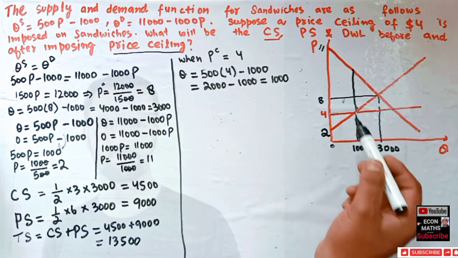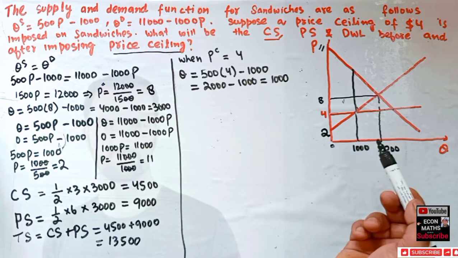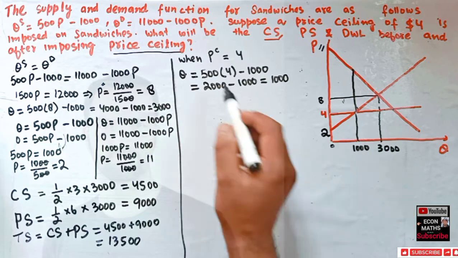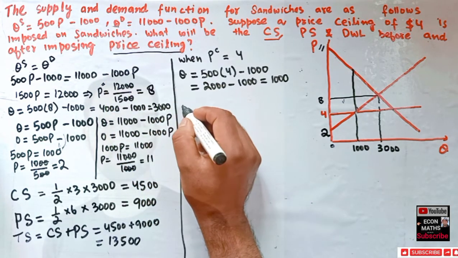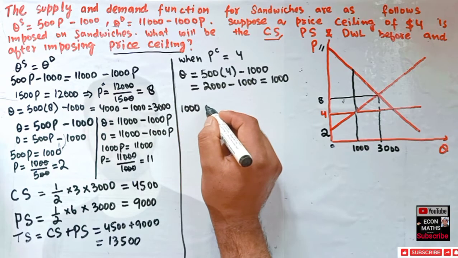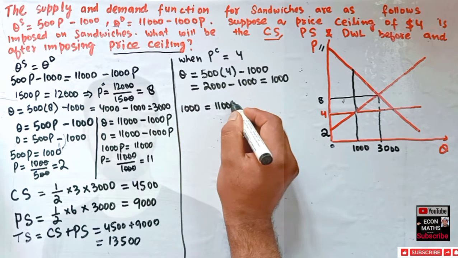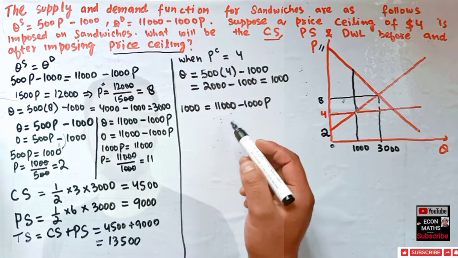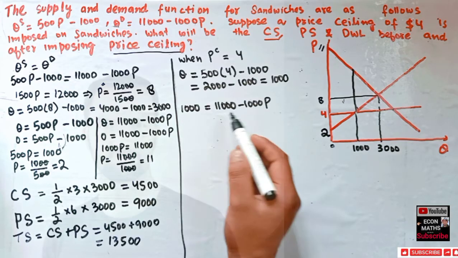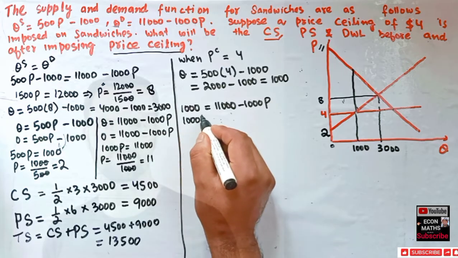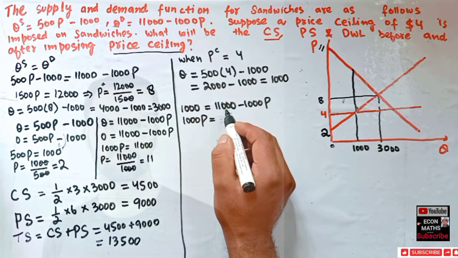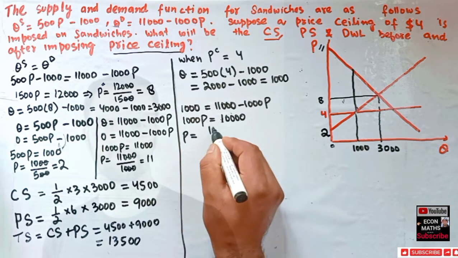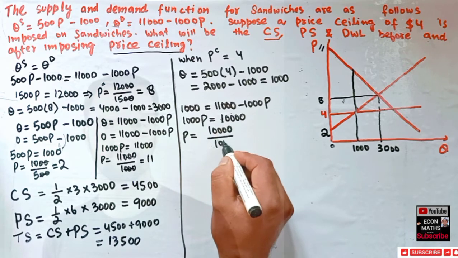We have 1000 equal to 11,000 minus 1000P. If we transpose this, 1000P is equal to 11,000 minus 1000, which is 10,000, or P is equal to 10,000 divided by 1000.